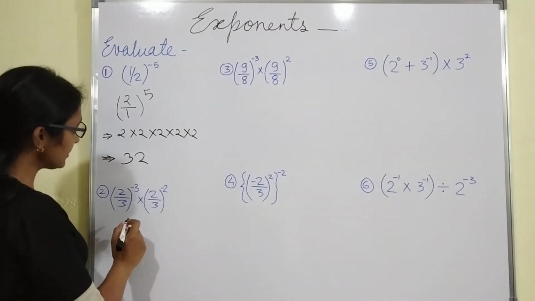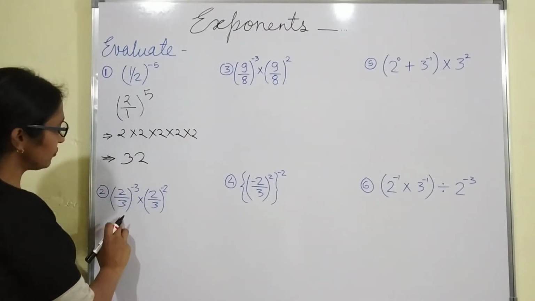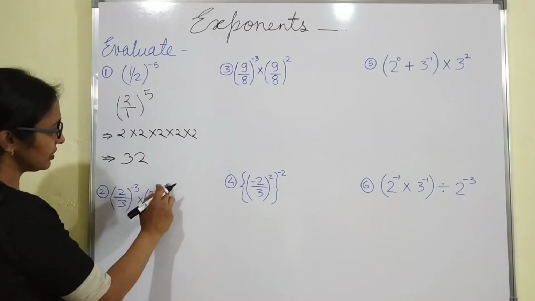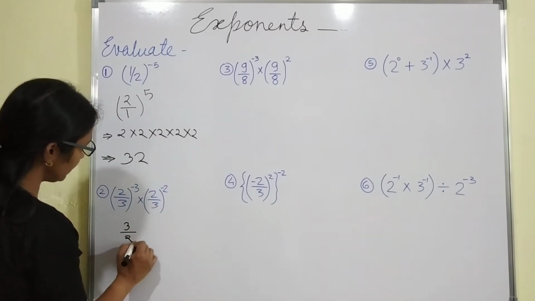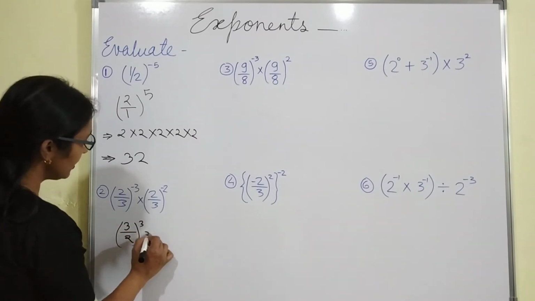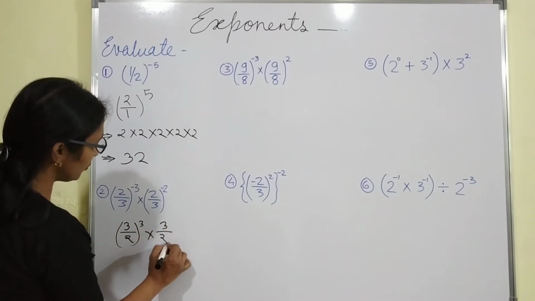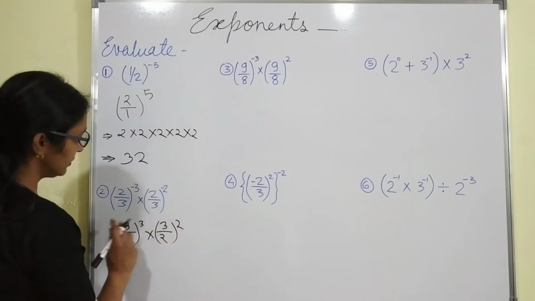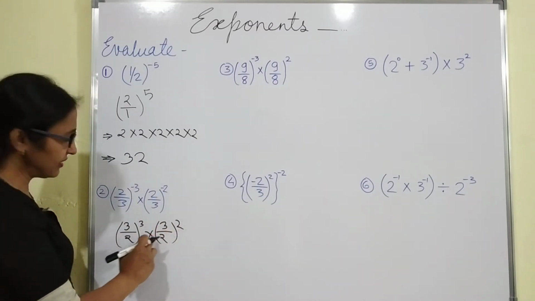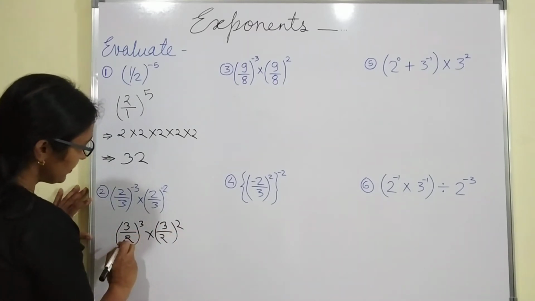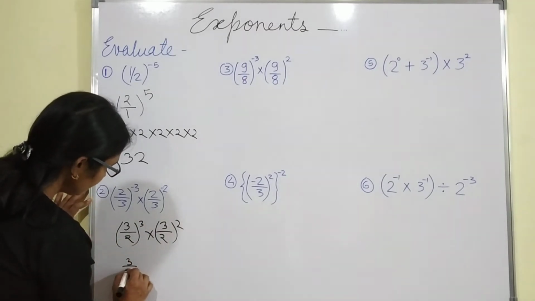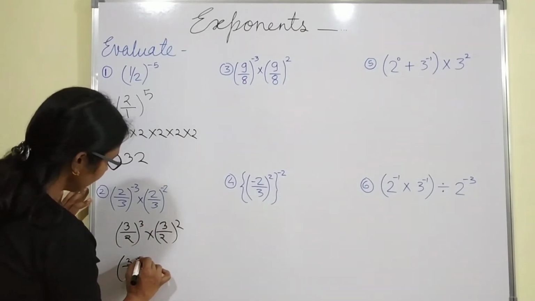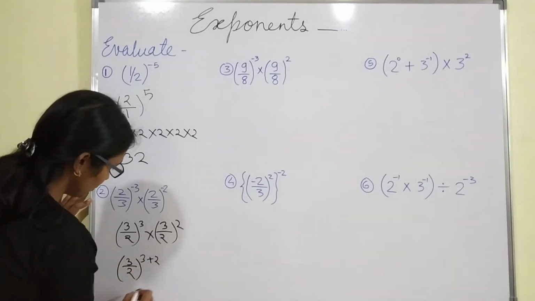Now the next question is (2/3) power minus 3 into (2/3) power minus 2. So it will become (3/2) power 3 into (3/2) power 2. They reciprocate. Now the bases are the same, so the powers will add up: 3 upon 2 power 3 plus 2.